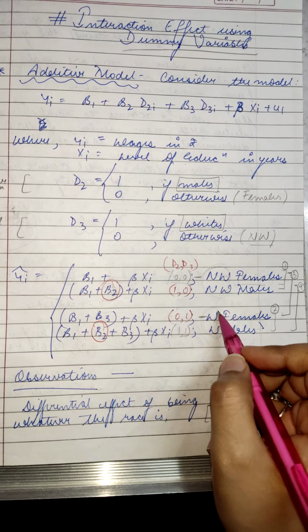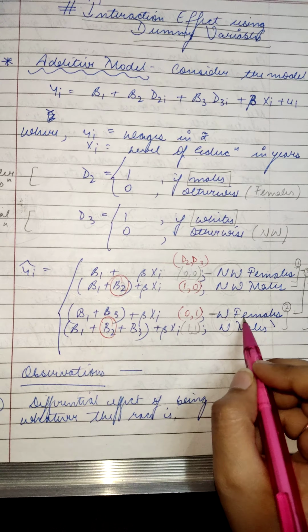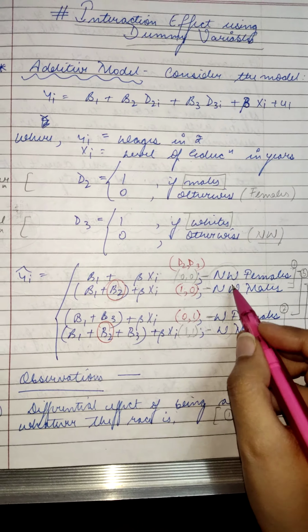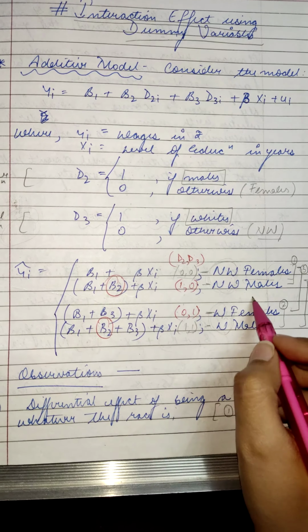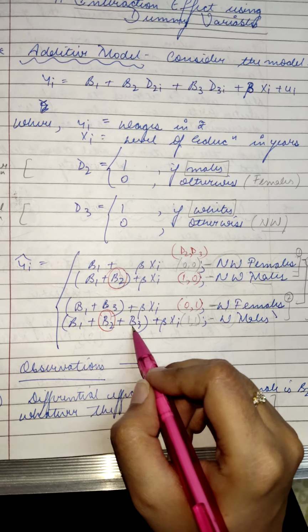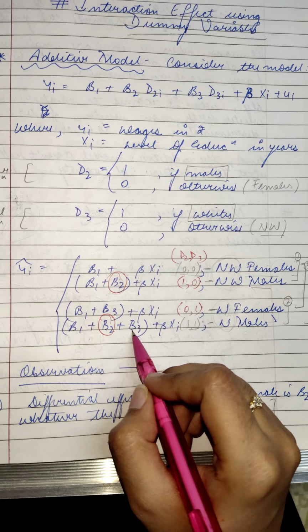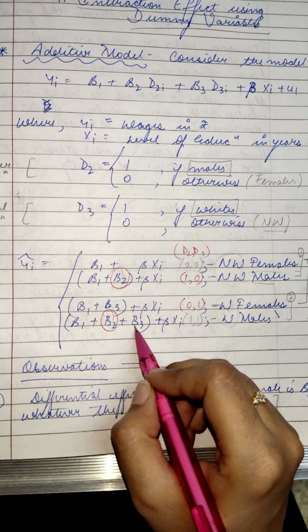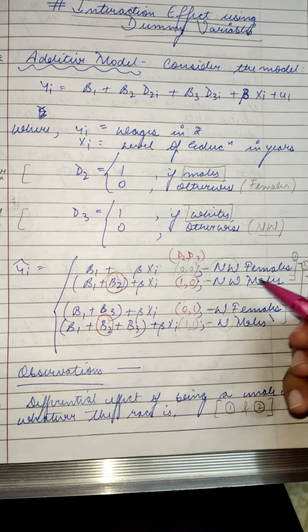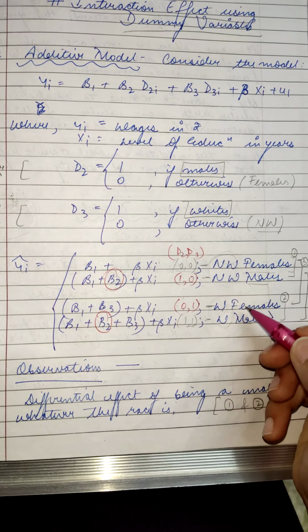So the differential effect of being a white is beta 3 for females. Now let's compare this and this. The differential effect of being a white for males is beta 3 again. So that means the differential effect of having white color is the same irrespective of gender being female or male.